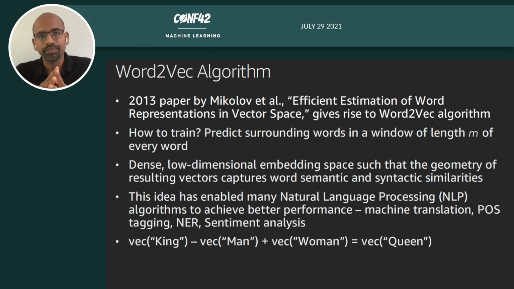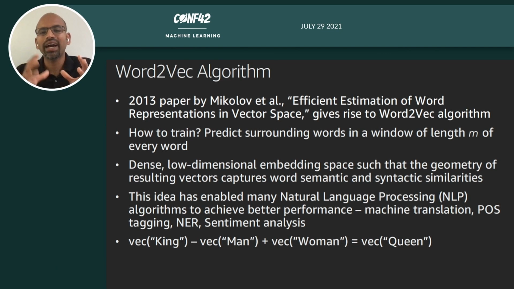For example, if we take the vector that corresponds to the word king, that's a classic example that we usually see. Let's say I have found a vector for the word king and subtract the vector for the word man. I get a meaning that says there is some sort of royalty associated.